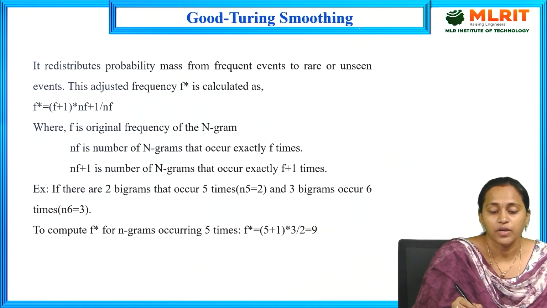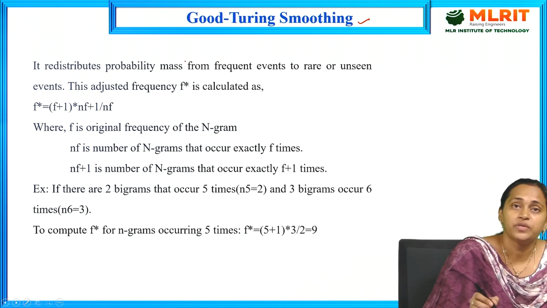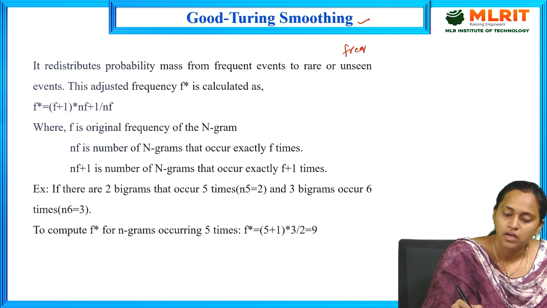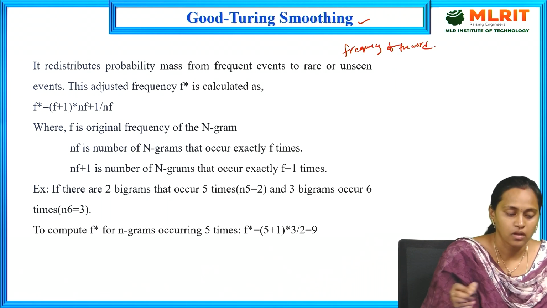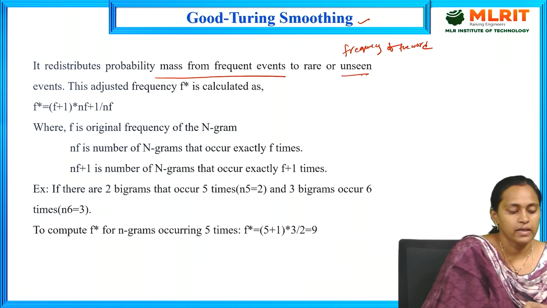Next one, Good-Turing smoothing. In Good-Turing smoothing, we find the frequency of the word, that means reassigning probability mass for rare and unseen events.